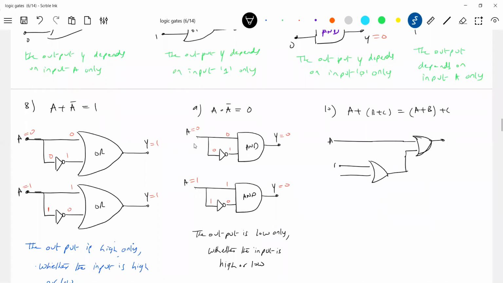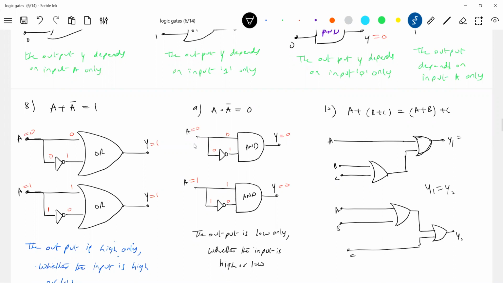This is A, B, C. There's a y1. You try it. y1 will be y2.